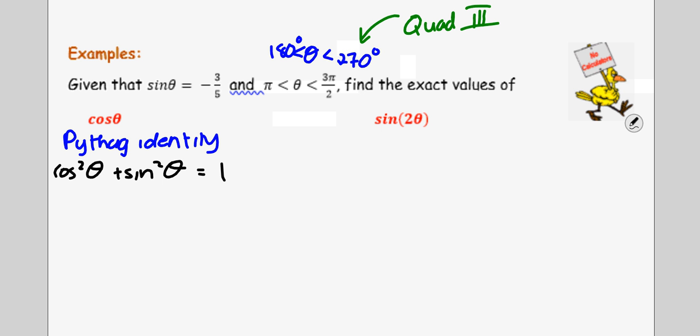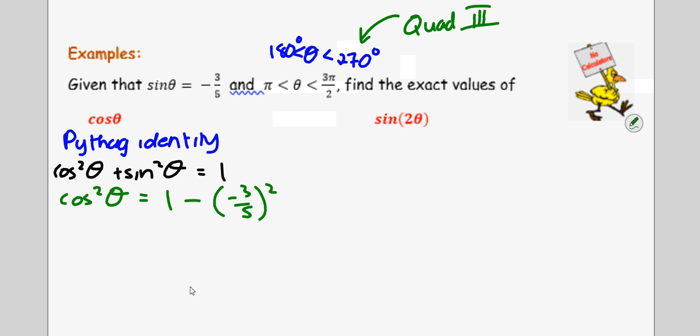Plug it in. So I'll start to rearrange it, so I can't write very big on this. So cos squared theta equals 1 minus negative 3/5 squared. If I was writing this on paper, I would just plug it into the straight formula first. But I have to write big on the board, so I've got limited lines.